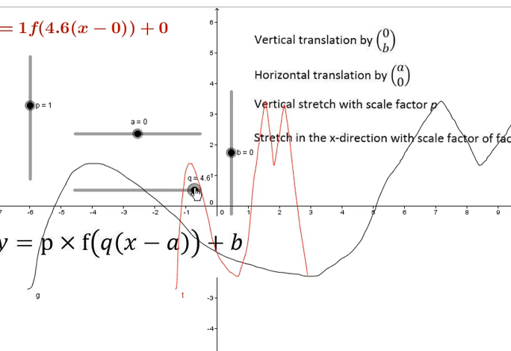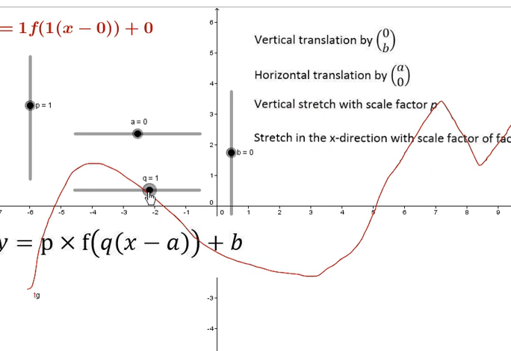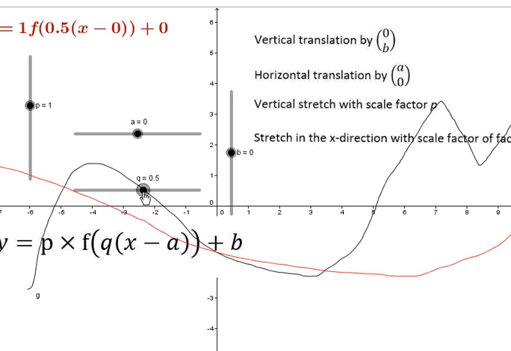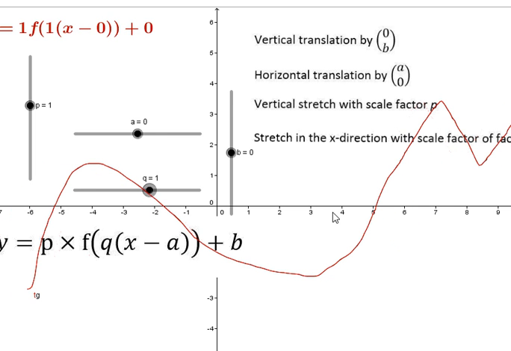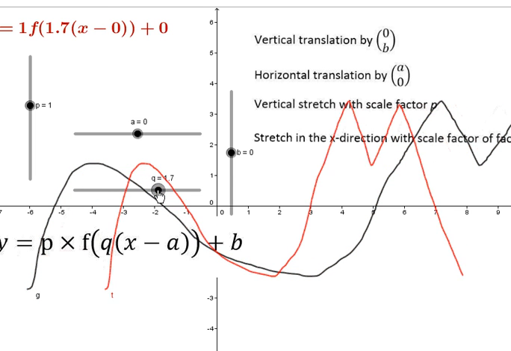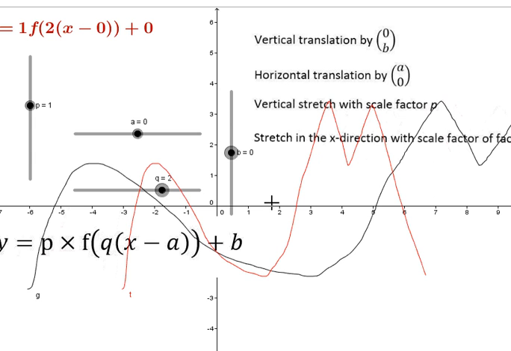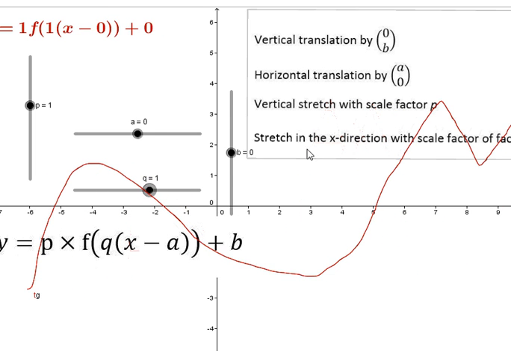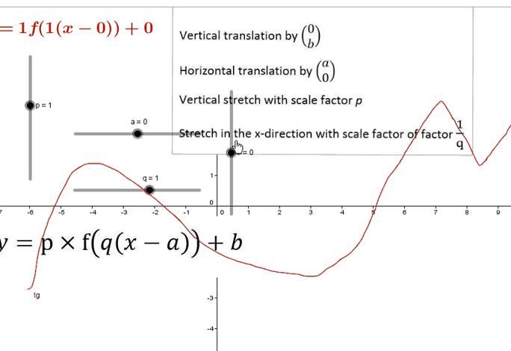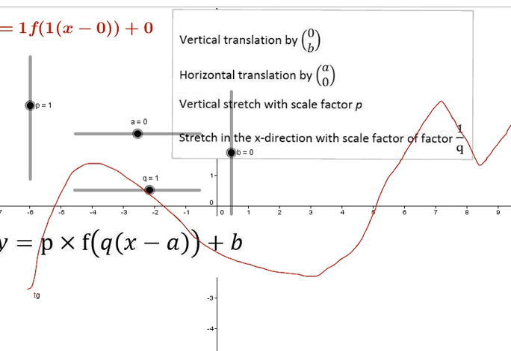In this transformation, the y values stay unchanged, the x values are the ones that change. And if I make q less than 1, it moves further away from the y-axis. Just by chance, this intercept here is 5. If I make q 2 you can see that that 5 has moved to approximately 2.5. Now those of you that are really watching will have noticed I've put the answers here already. They're all here. That's what those parameters do.